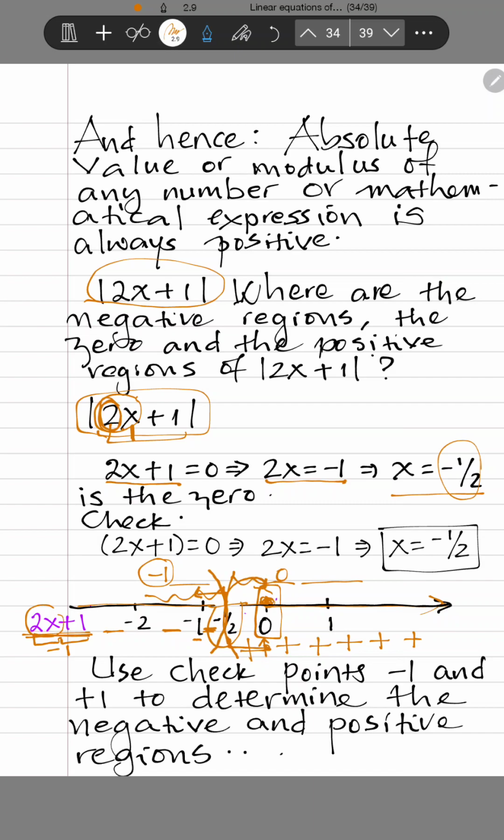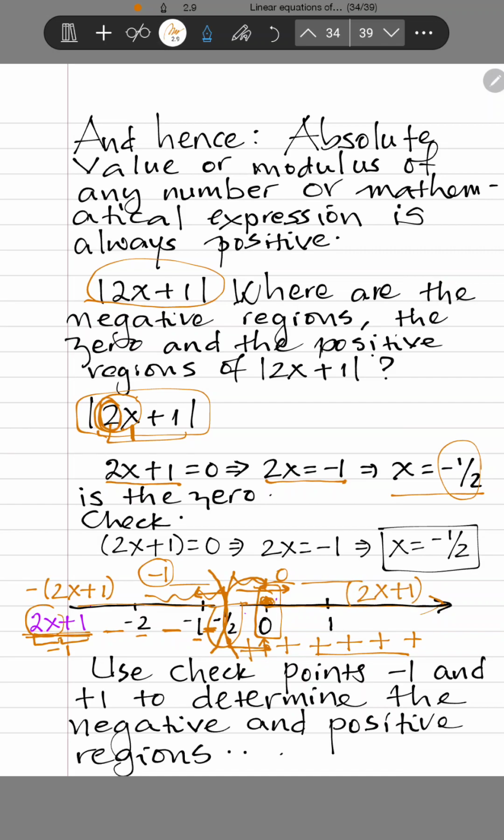So on the left of minus half, because it is negative, by definition of absolute value, we need to multiply it by a negative to get a positive result. On the right side of minus half, because it is just a positive number, by definition of absolute value, we take it as it is.